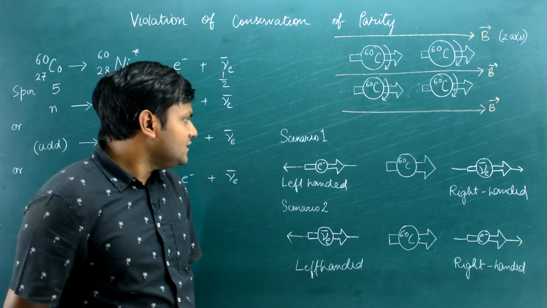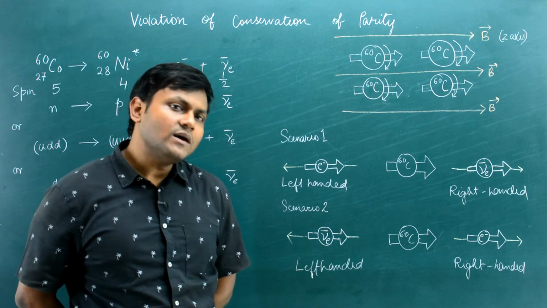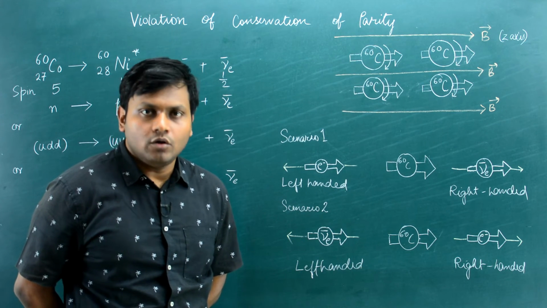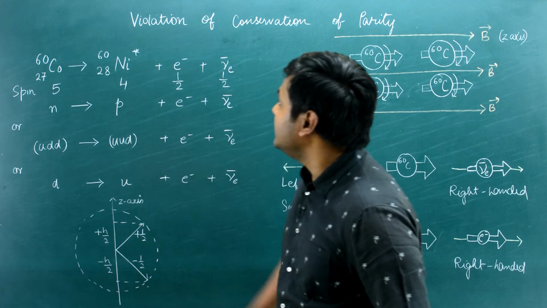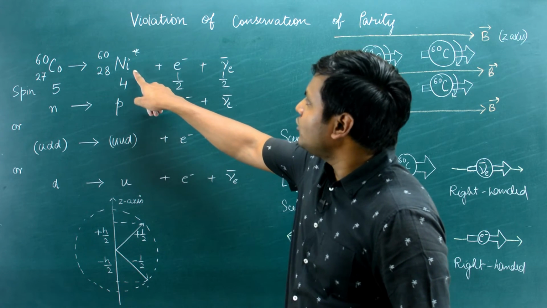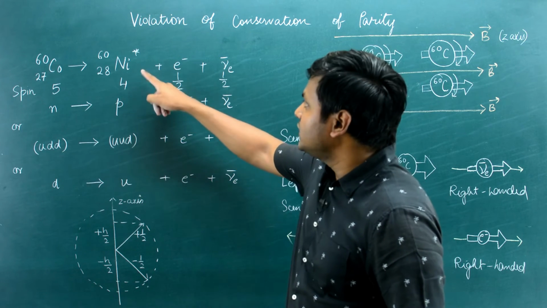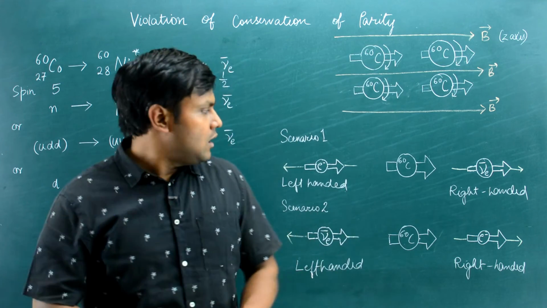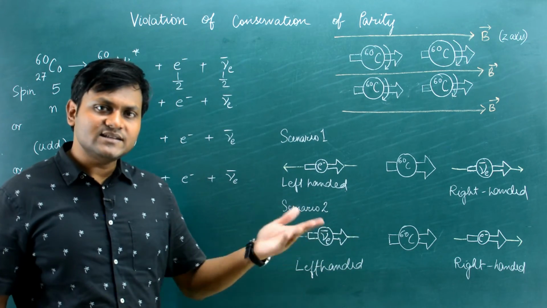Now, if you compare this kind of decay process with some other decay process which involves, let's suppose, a photon: in this case the nickel daughter nucleus is excited, so it also ends up emitting photons. These photons will have both left-handedness and right-handedness.